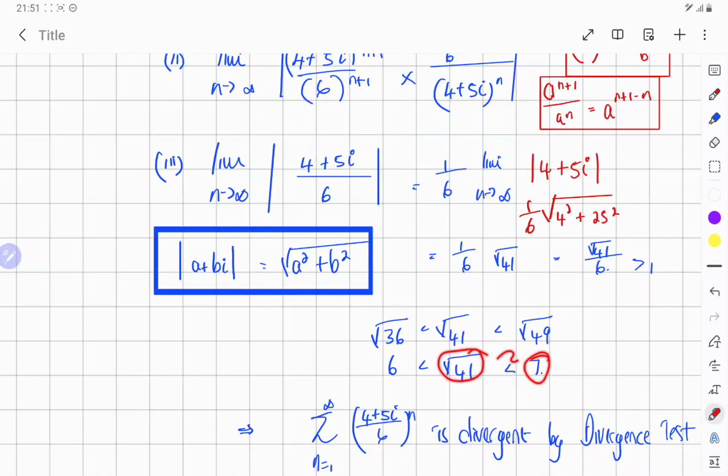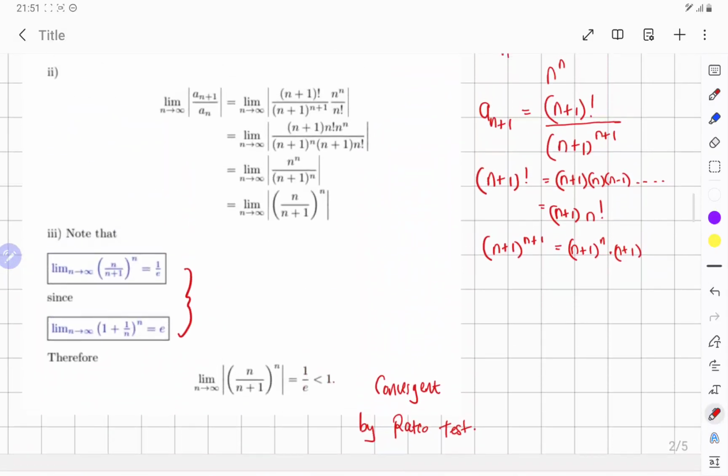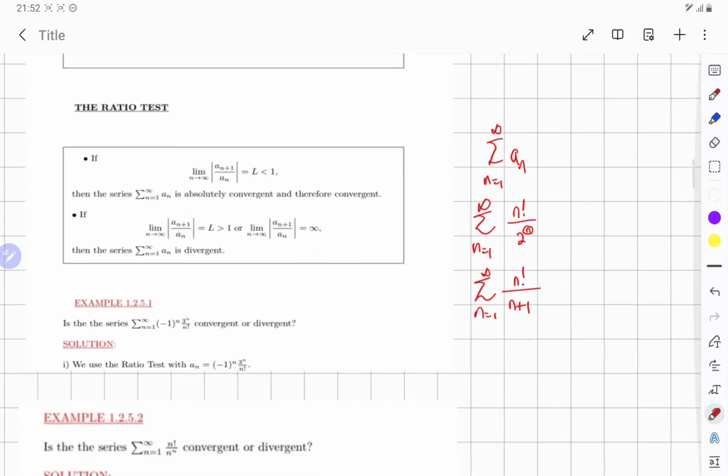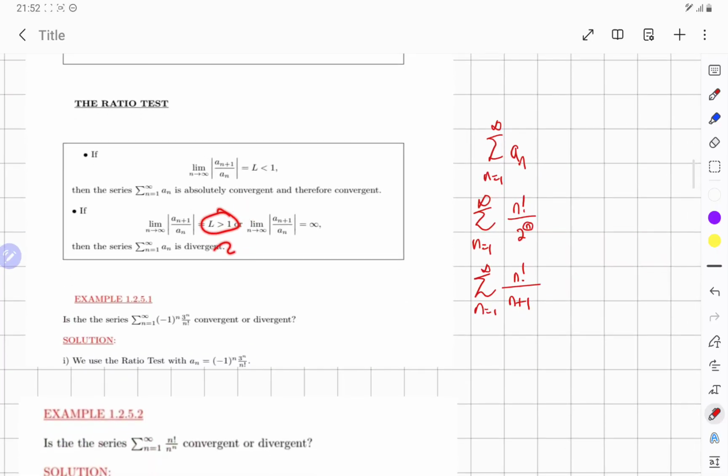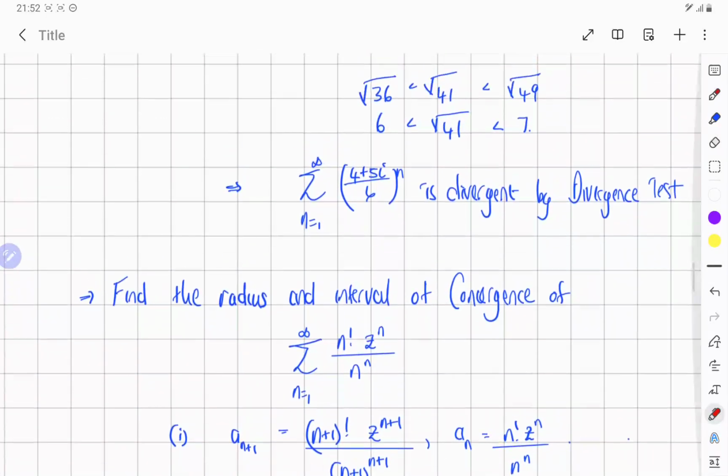So you know square root 41 will be bigger than 6. So if square root 41 is bigger than 6, you will get a fraction greater than 1, since you're getting an improper fraction. So since my value is greater than 1, let's just recap from the theory. Greater than 1, my series will be divergent.